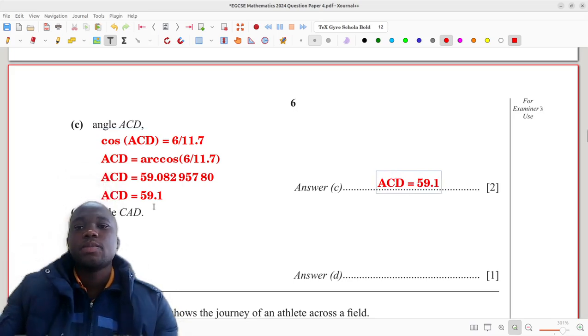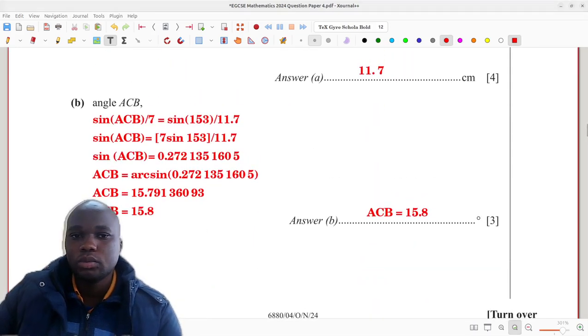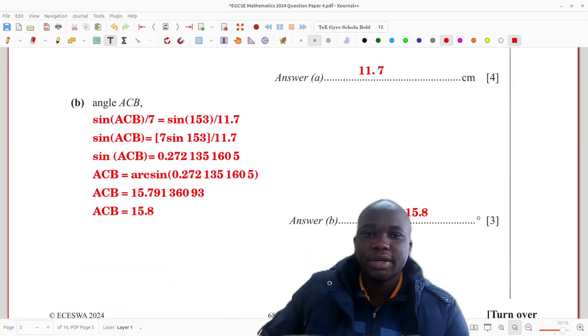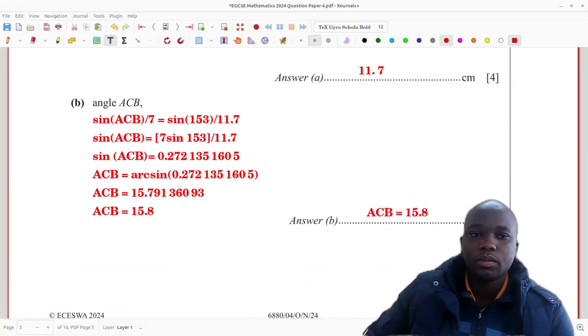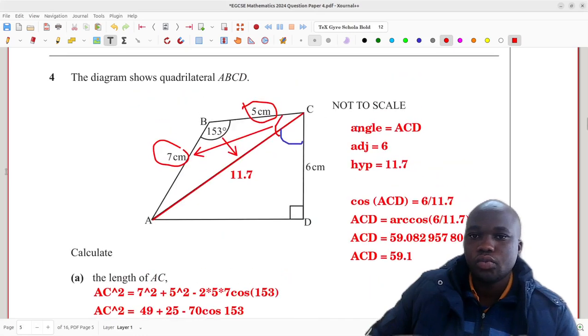Then for the angle CAD, how do you find angle CAD? To find angle CAD, let's go to here.